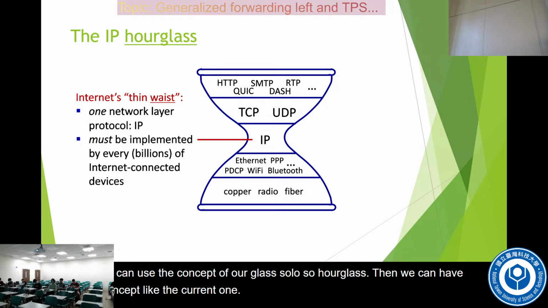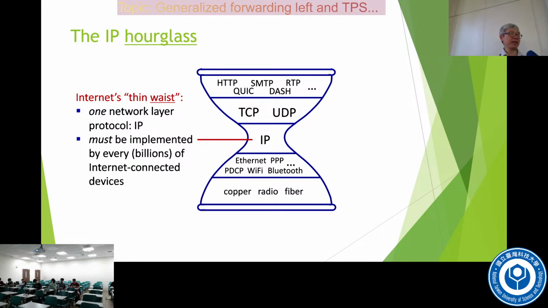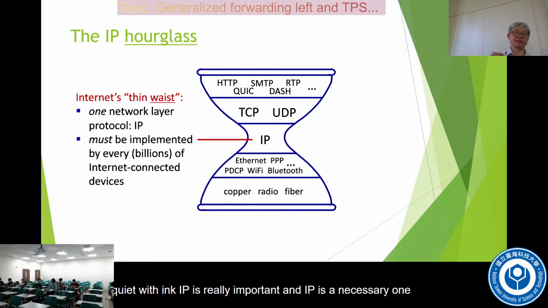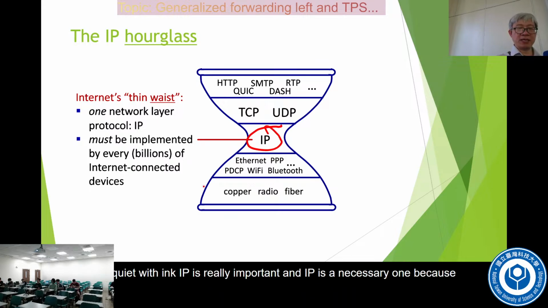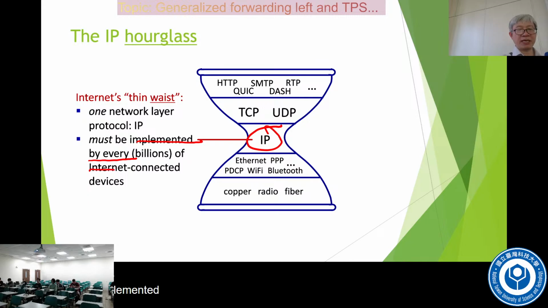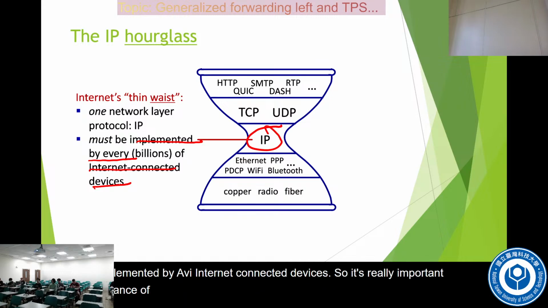Why do we think IP is really important and IP is a necessary one? Because IP is implemented by every internet-connected device. So it's really important, of course, as a common one.